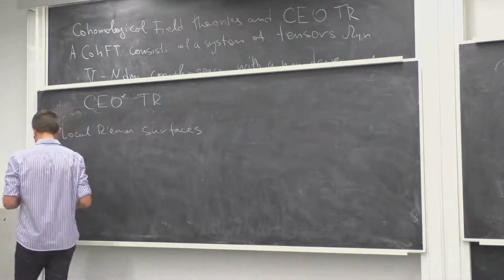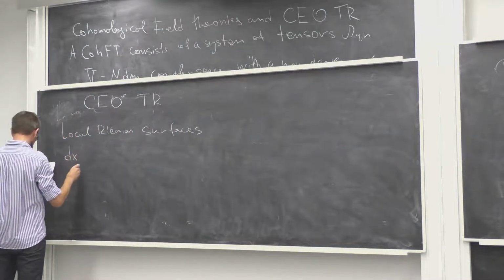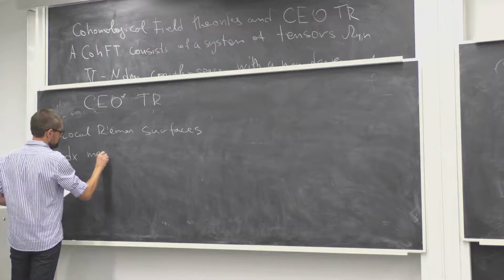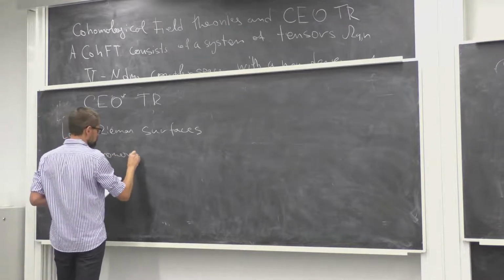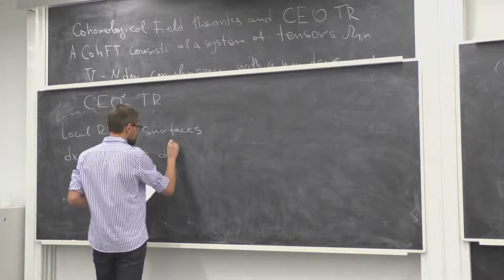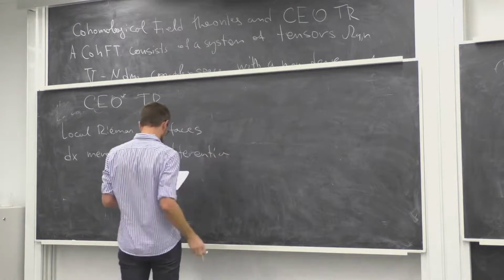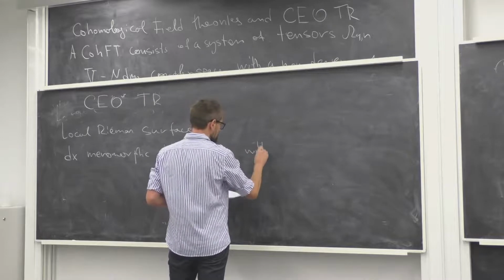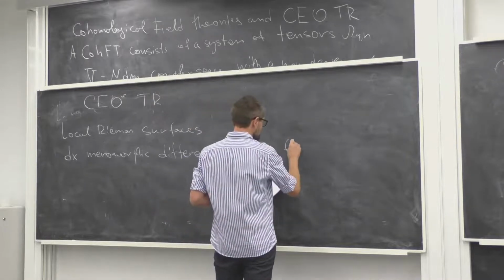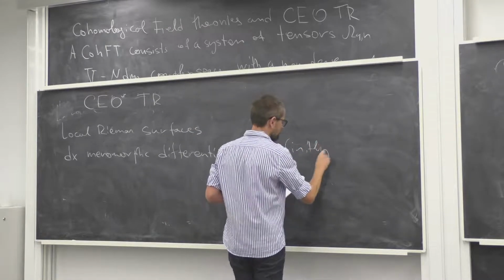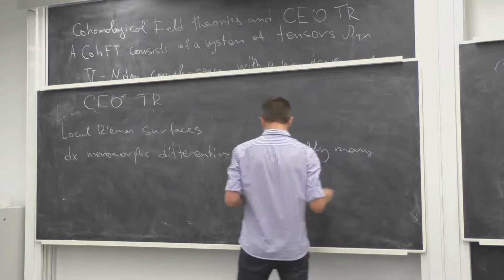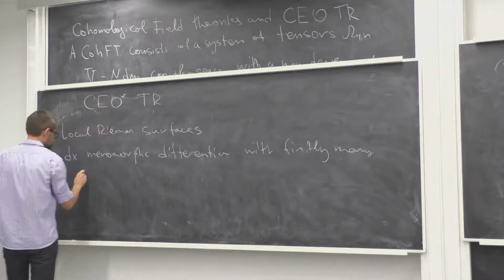And dx is a meromorphic differential with finitely many simple critical points.